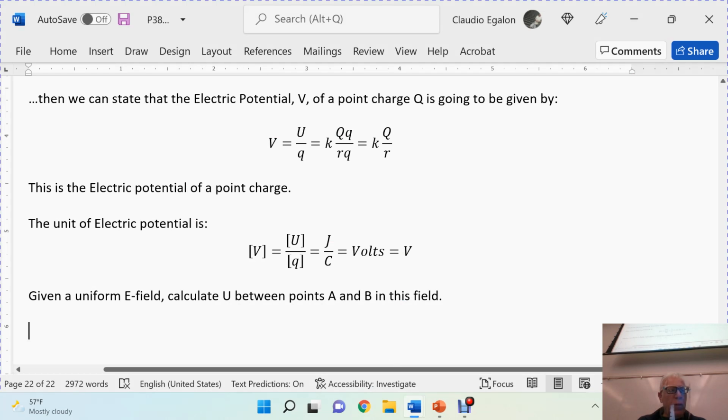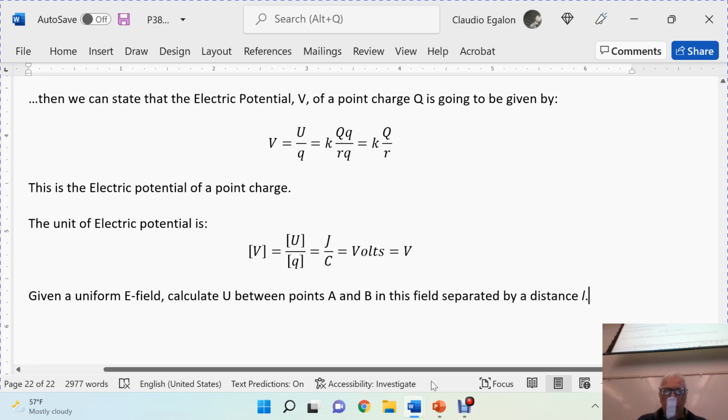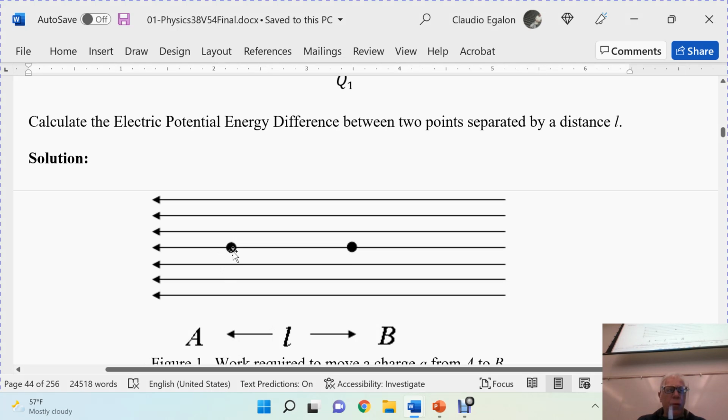Given a uniform electric field, calculate U between points A and B in these fields separated by a distance L. Let's say A is right here to the left, B is right here to the right, and the field points from the right to the left, okay?